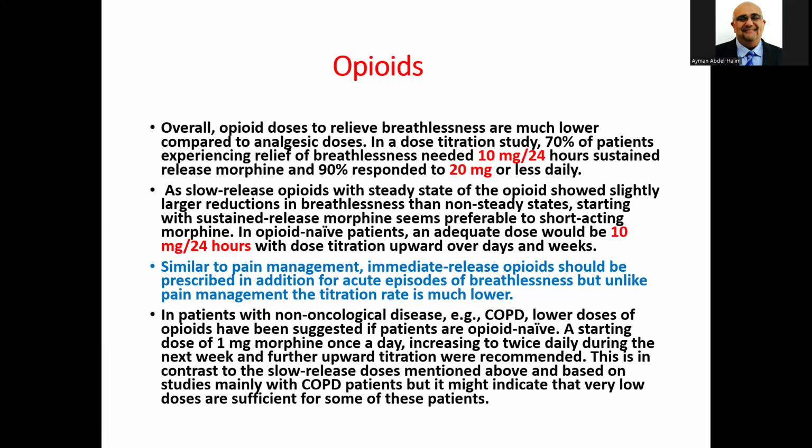With opioids, it's not like pain. We use much lower doses than pain management. Okay, so be careful about this. This is just a small dose to help with the inspiratory center. So, for example, using 10 milligram morphine per 24 hours or up to 20 milligram.